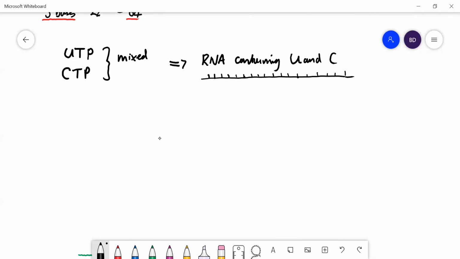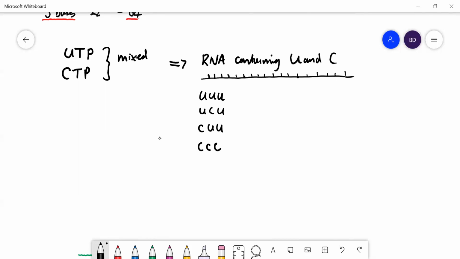So if you think about that, they've randomly combined. You can get the following codons. You can get UUU. You could get UCU, CUU, and you could get all the C's.